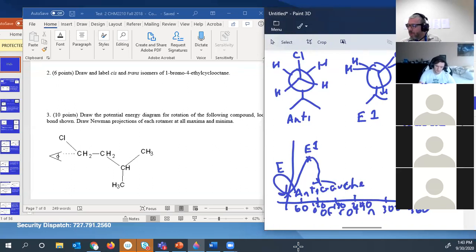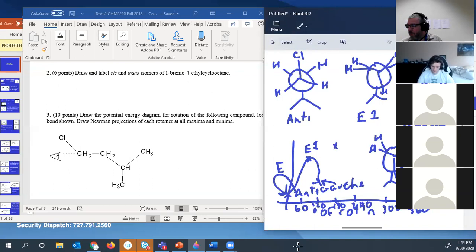The last one is eclipsed 2, where the Cl will actually be eclipsed with that large group. This will be the E2, the highest energy one, and that's at 180.